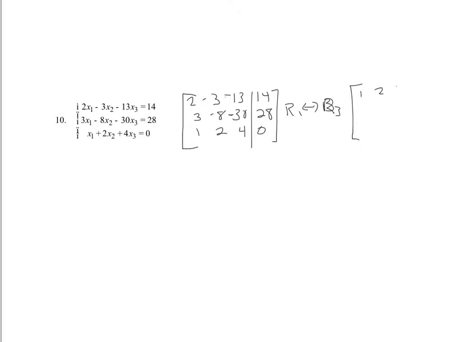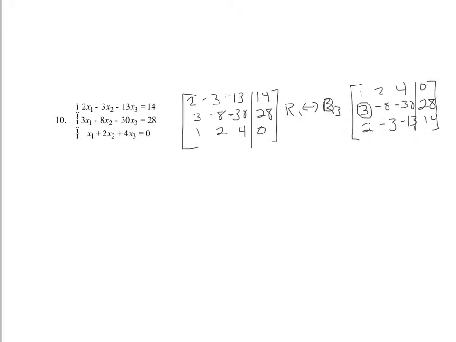So if you're trying to avoid fractions, make this switch. And now we'll have 1, 2, 4, 0 on top. Middle row stays where it is, 3, -8, -30, 28. Bottom row will now be 2, -3, -13, 14.